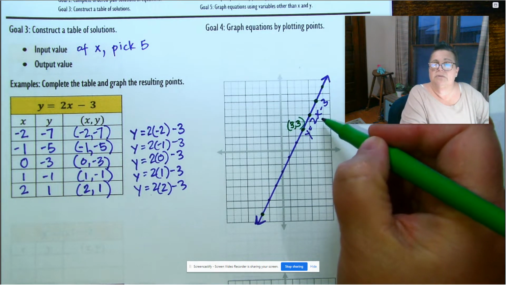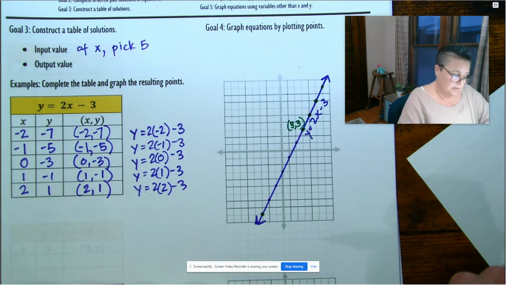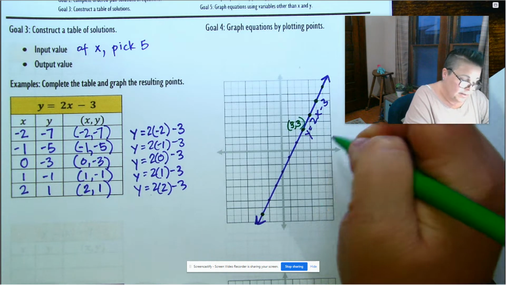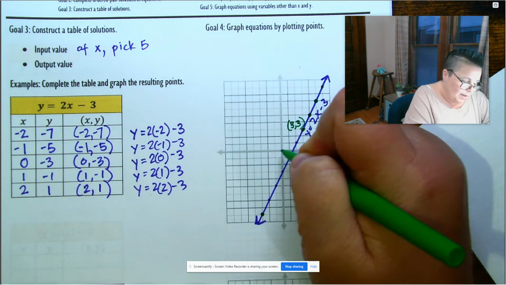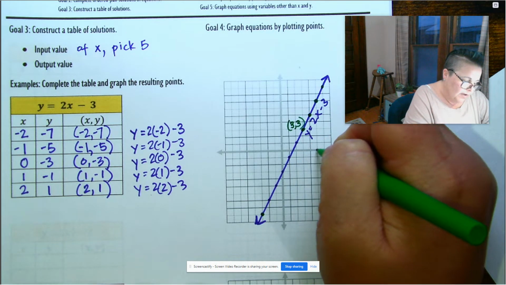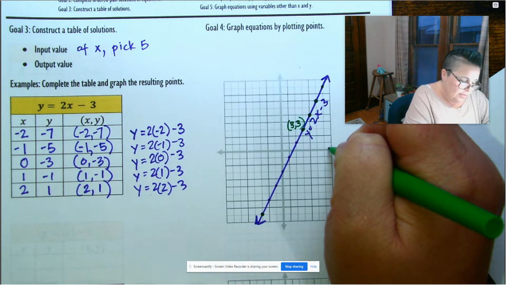So 2 times 3 is 6. 6 minus 3 is 3. Yep, that would get me 3, 3. Even the points that aren't pretty will work on this line. What do I mean by that? Well, what if I went 1, 2, 3, 4, 5, 6 and a half, and then I went up?